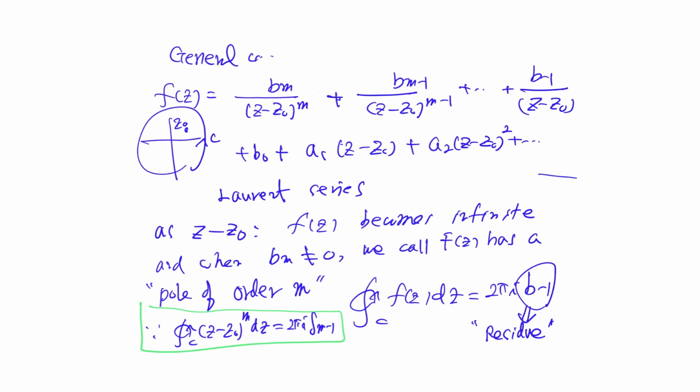If you have a very complicated expansion of this function, when you integrate, you only need to know this one. That's actually the merit of doing complex integration. So Cauchy knew that no matter how complicated the function is, if you can expand it in this form, then you only need one coefficient for this integration.